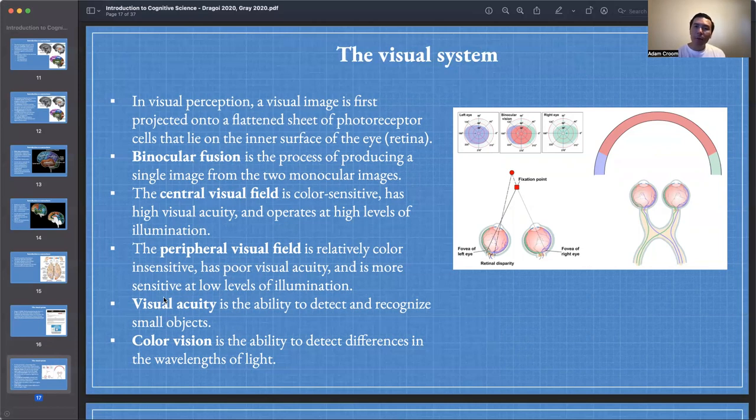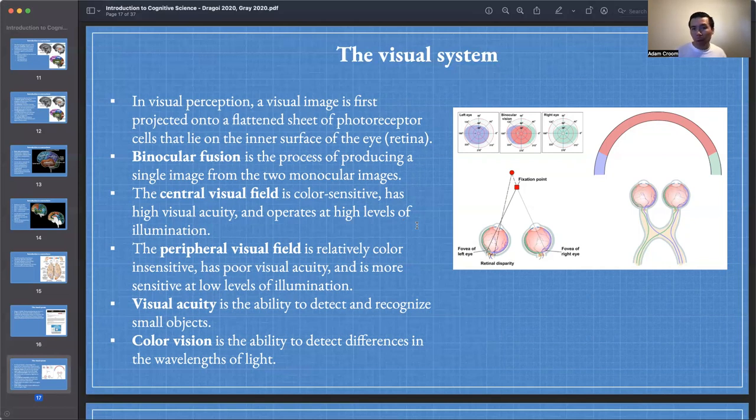The central visual field is color sensitive, has high visual acuity, and operates at high levels of illumination or light. We see here that this is our central visual field. The peripheral visual field is relatively color insensitive, has poor visual acuity, and is more sensitive at lower levels of illumination.